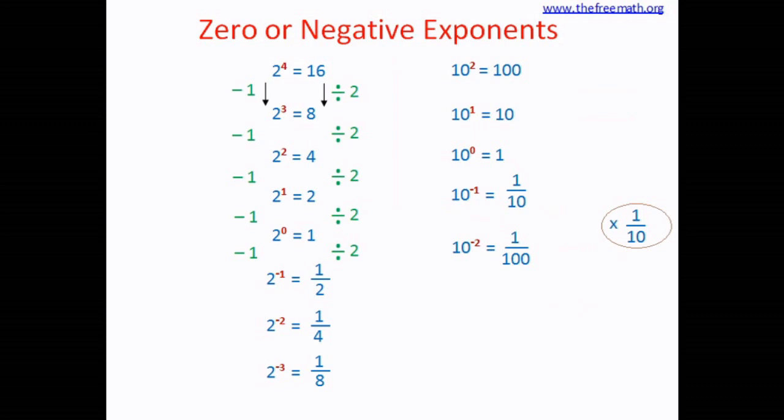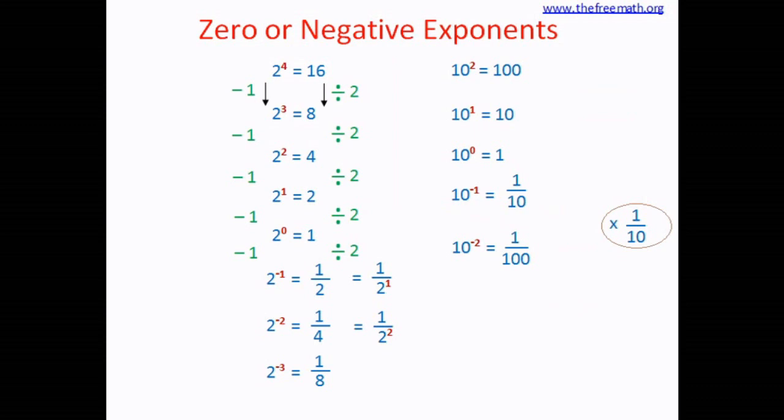Now consider 2 to the power of negative 1 again. It equals 1 half or 1 over 2. 1 over 2 can also be written as 1 over 2 to the power of 1. Similarly, 1 over 4 can be written as 1 over 2 to the power of 2, because 4 equals 2 squared.